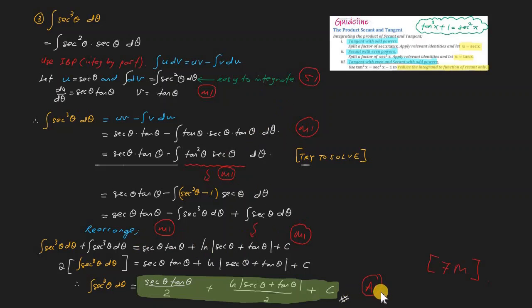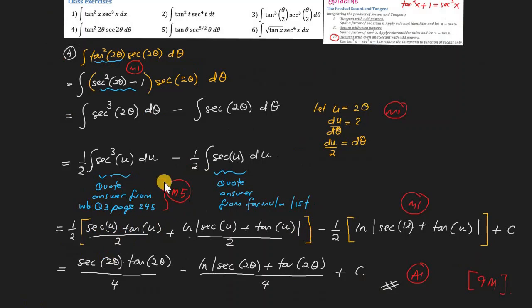Excluding the answer, there are 6 marks for the work. So if we take or code the working that we did, let's say 5 marks for the IBP, choosing the correct u and dv and so forth. Here we are to integrate. So this question can altogether carry 9 marks.